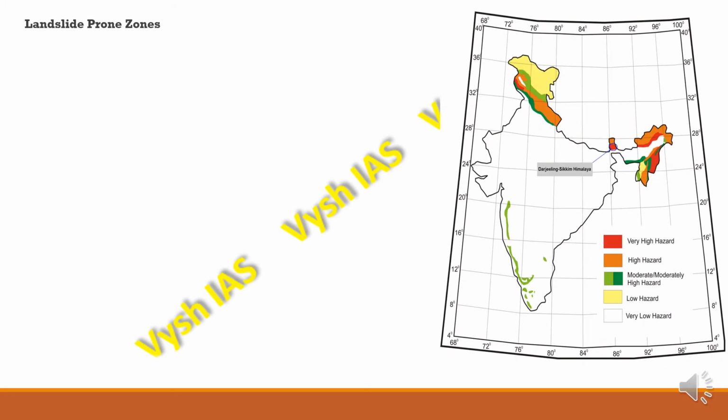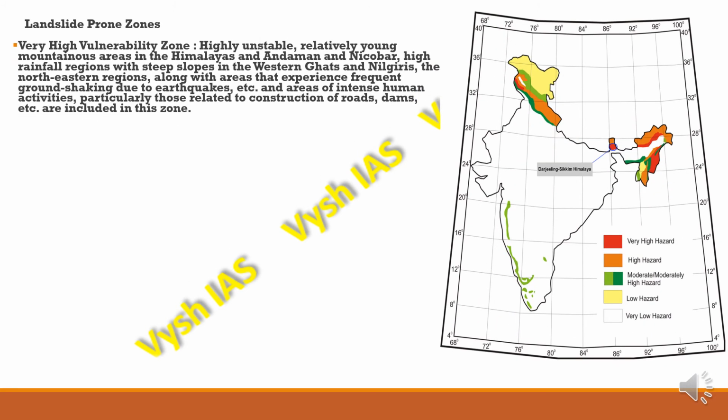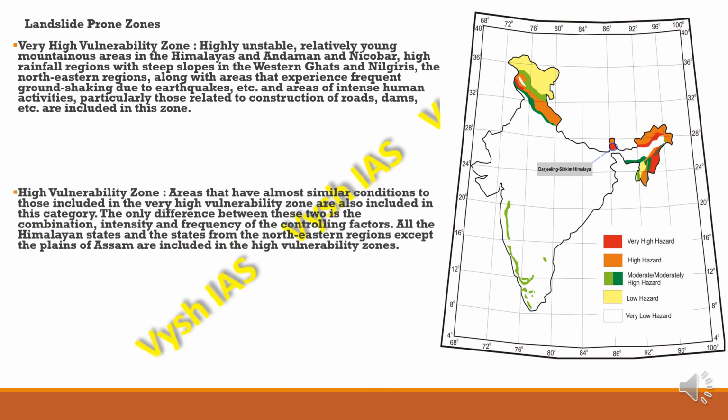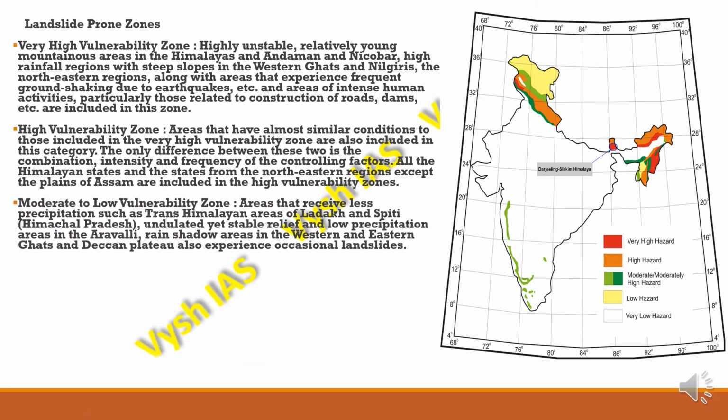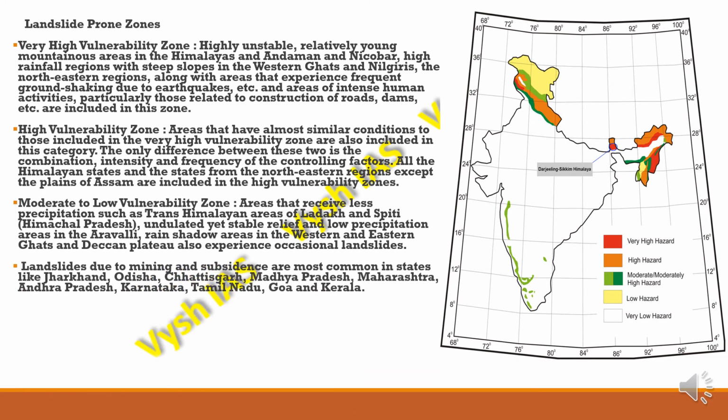So the landslide prone zones are of four types: very high, then we have high, moderate, and the regions where there is very low occurrence of landslides.